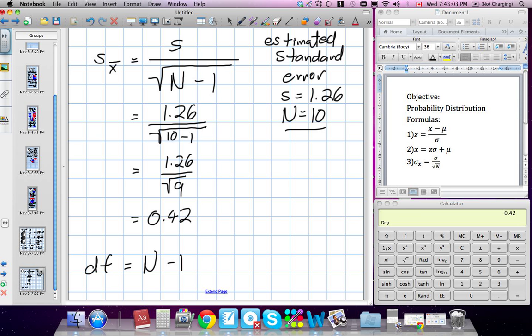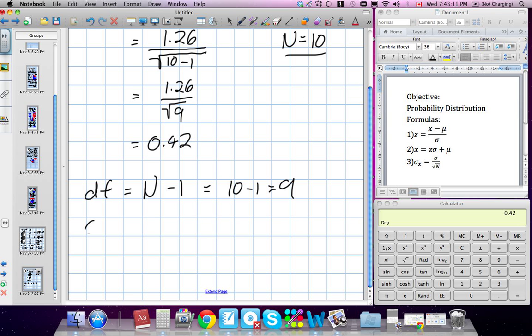Then in our t-chart, when you look up a t-chart, determine the value of t from the table. So df, which is like the left side of the t-chart, will be your population subtract 1. Our population was 10, so our df will be 10 subtract 1, which is 9. So that's the number we're looking for on the left.